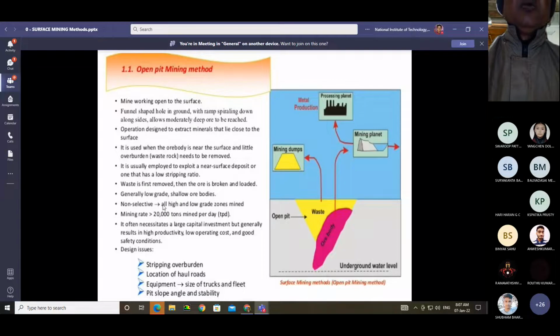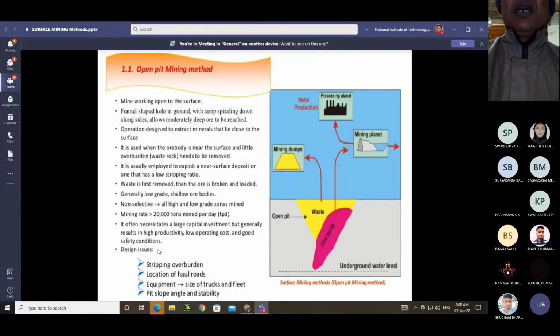Generally, the low grade shallow ore bodies are mined by the open pit mining method. It is a non-selective mining method. All high and low grade zones are mined. The mining rate is 20,000 tons mined per day.